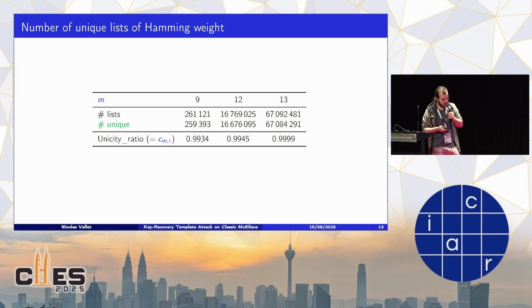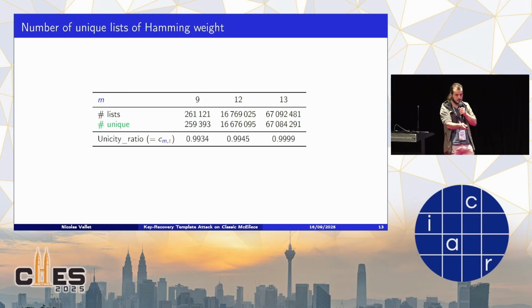So here again, that unicity ratio was high enough for our attack to work, and so we can continue to the next step.